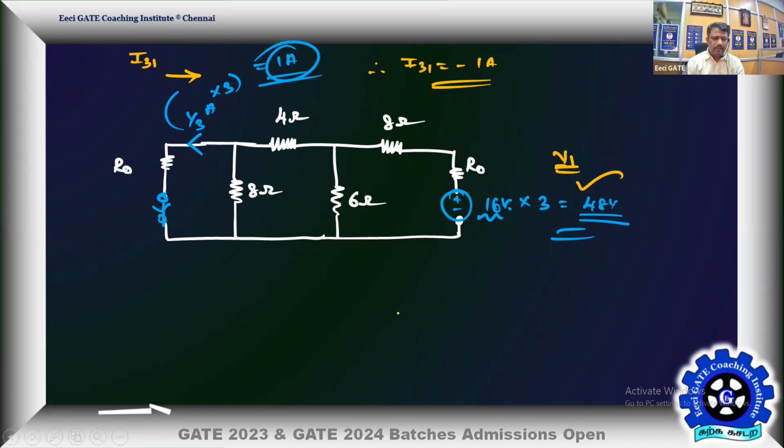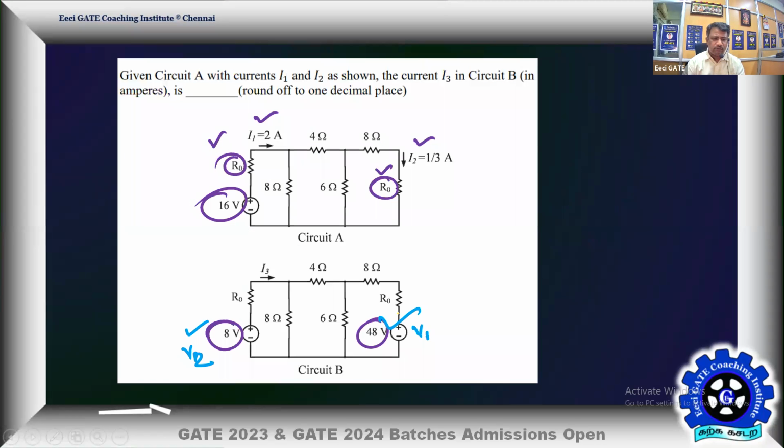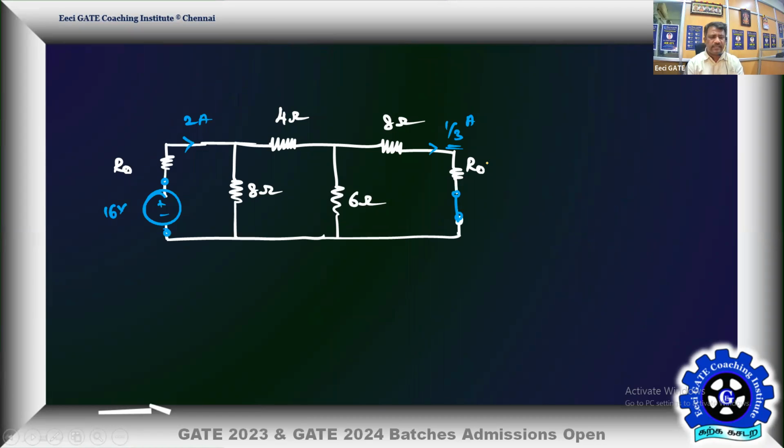Next, enable the second source, that is only 8 volts. For that, this is once again the reference. Keeping this as a reference, let me excite the circuit by the 8-volt battery. The excitation points remain the same and the response points remain the same. If I give 16 volts here, I got the response here as how much? 2 amps. When 16 volts was applied, how much? 2 amps.